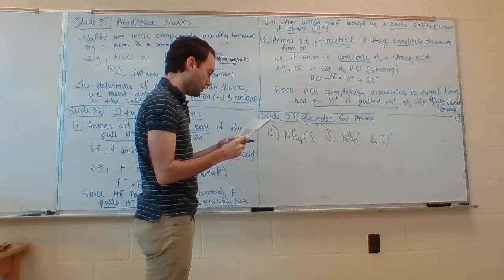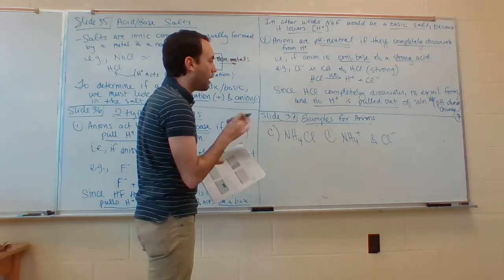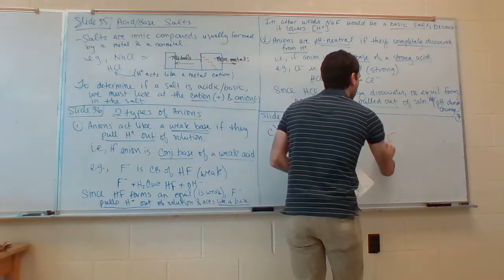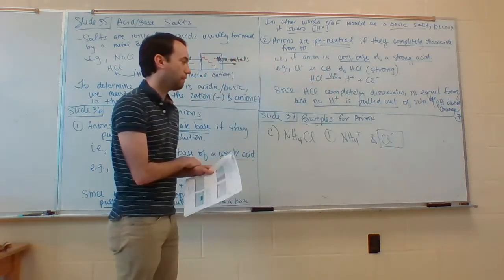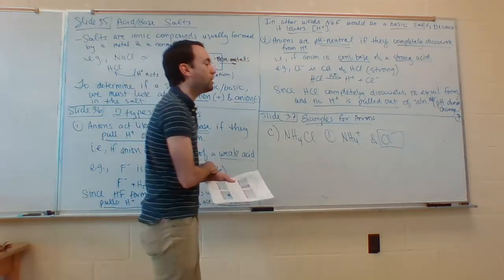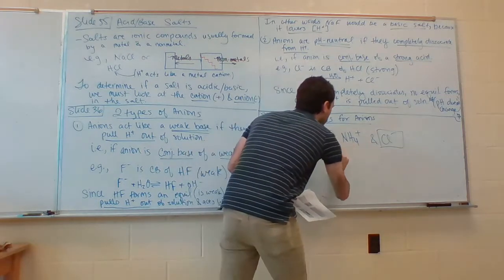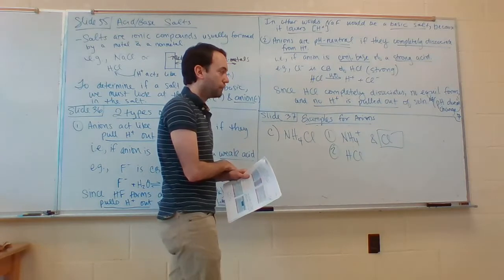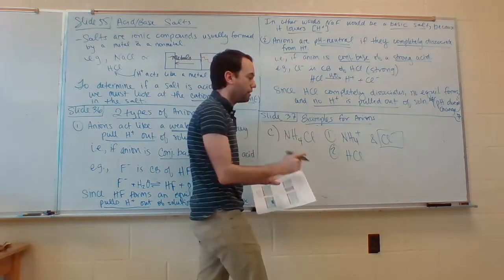Before I do that one, we should probably cover, if we're just looking at our anion, we know that we're going to add H to that. We'll talk about how we do our cation in a minute.